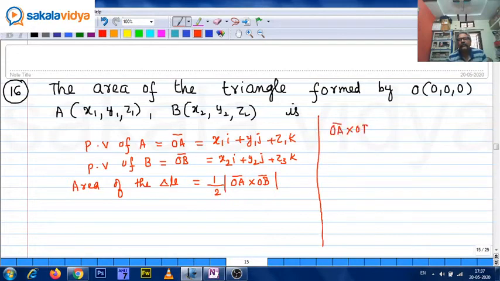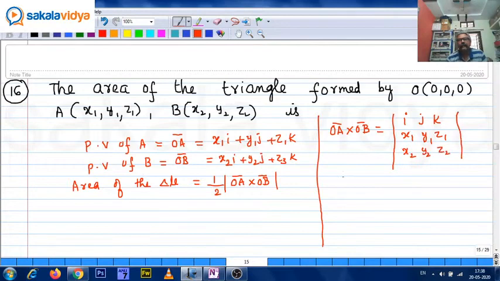OA cross OB means the determinant of I, J, K in the first row, the second row being the components of OA, x1, y1, z1, and row 3 being the components of the second vector, x2, y2, z2.